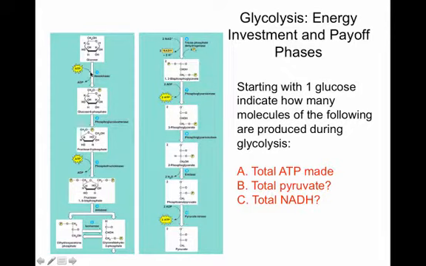And we need to put a little bit of ATP in to do this, to convert glucose into glucose 6-phosphate. And then another enzyme converts it into another intermediate, and then another enzyme converts it into another intermediate. We need a little bit of ATP there in order to do that conversion.